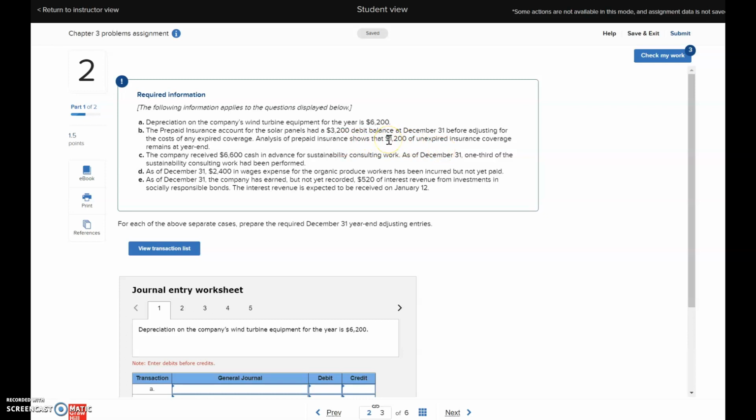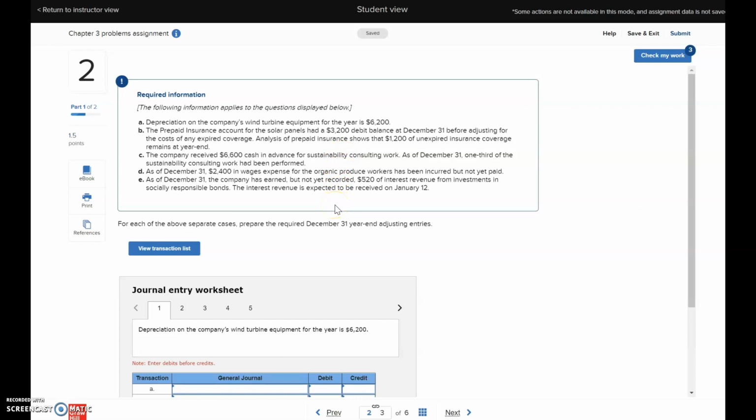Unexpired means it's still prepaid. And your problem might have different dollar amounts, okay? But the difference between the unadjusted balance and the unexpired amount at the end of the year is your expense. So that's the amount you're going to make your adjusting entry for. So there's a few of these that you're going to have to calculate the amount of the adjusting entry.